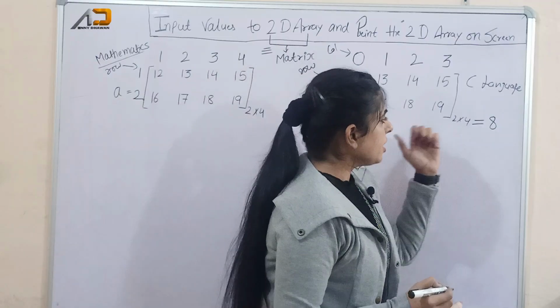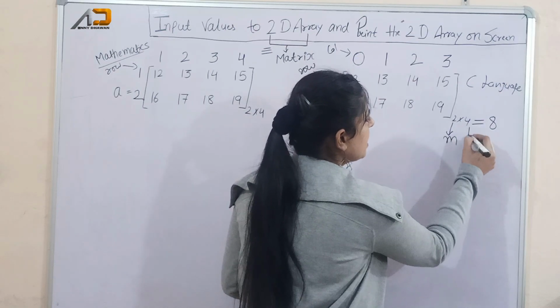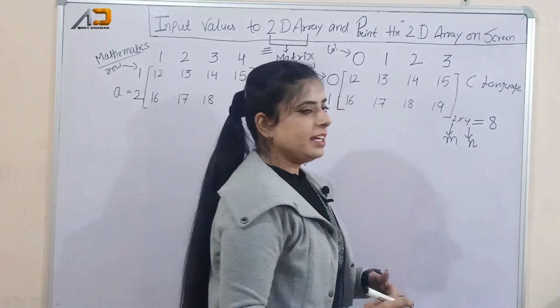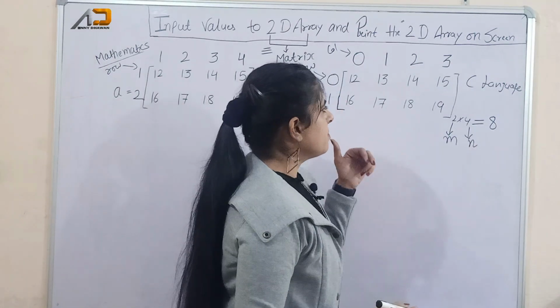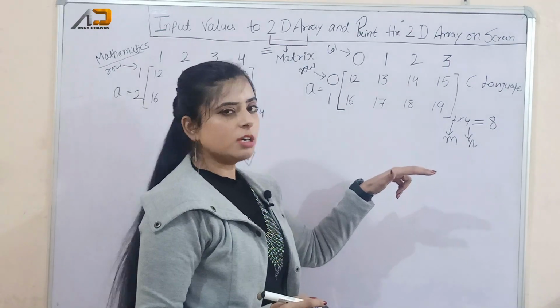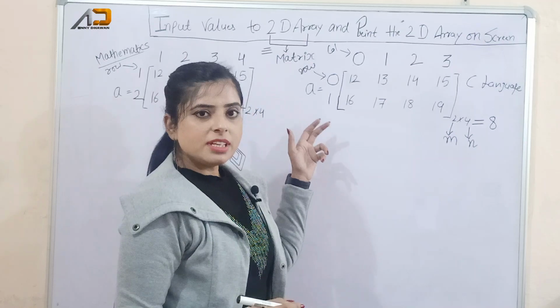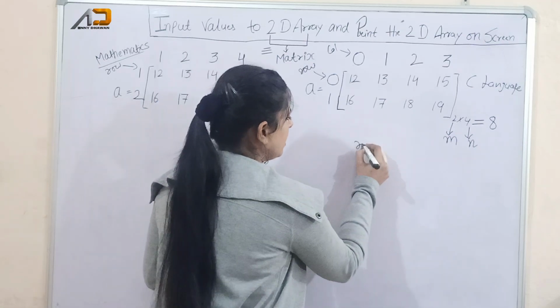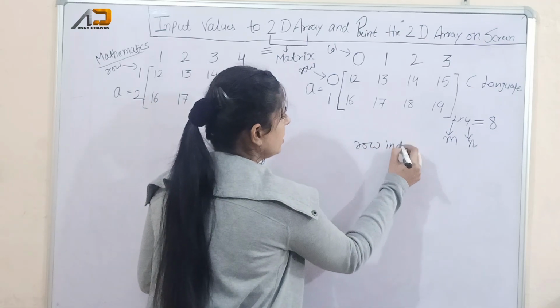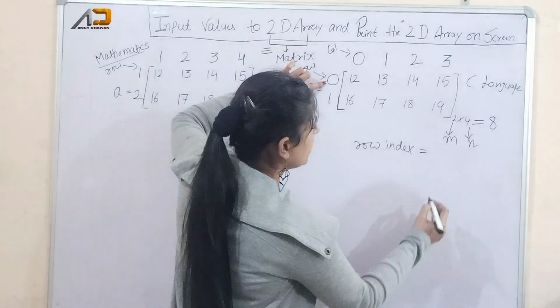And if I say that this is the m variable and this is the n variable, and I talk about the minimum and maximum row index values and the minimum and maximum column index values, then what would these values be here? Let's understand. Row index: what is the minimum row index value here?